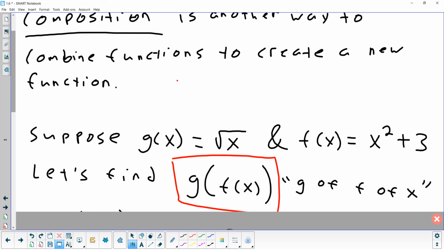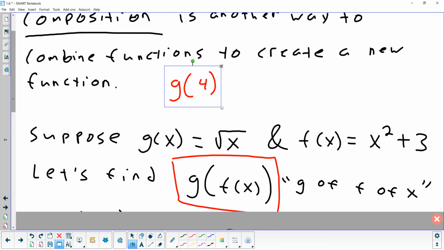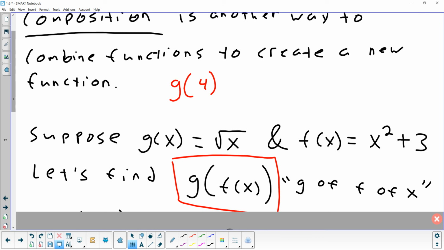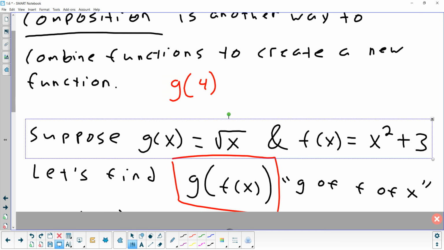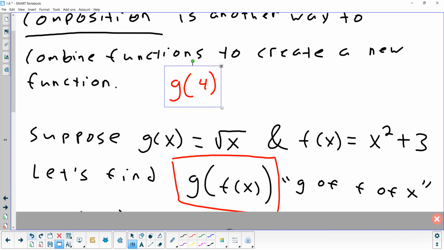So if it said to do g of 4, what that means is take what's inside the parentheses, fill it into that formula, and tell me the answer. So plug 4 into g and tell me what you get. You plug in 4 for x, and the answer would be 2. So this notation means take what's in the parentheses and plug it into the letter that's to the left.